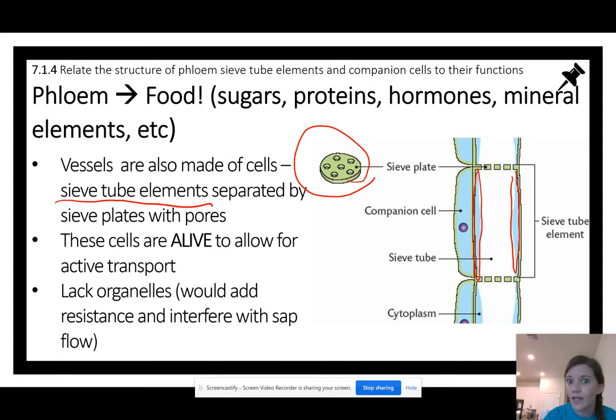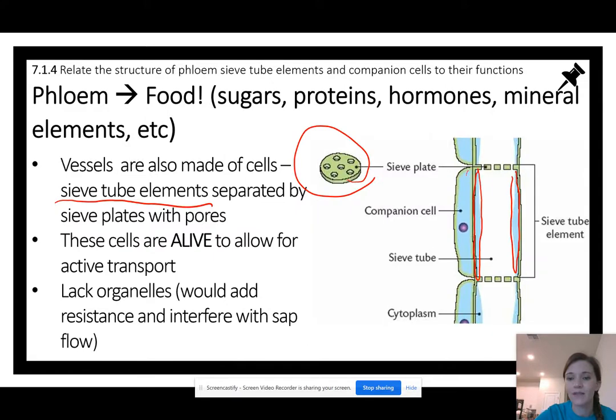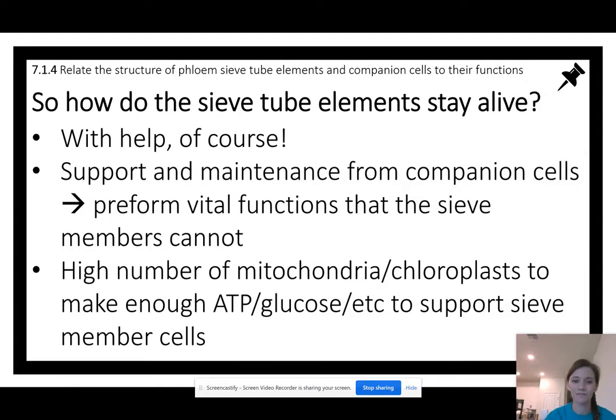So how do they stay alive? With friends. So next to every sieve tube element, there is a companion cell. If I flip back, the companion cell is here. So the companion cell is kind of like this life support system for the sieve elements. Where the sieve elements have almost no organelles, companion cells have a bunch of organelles.